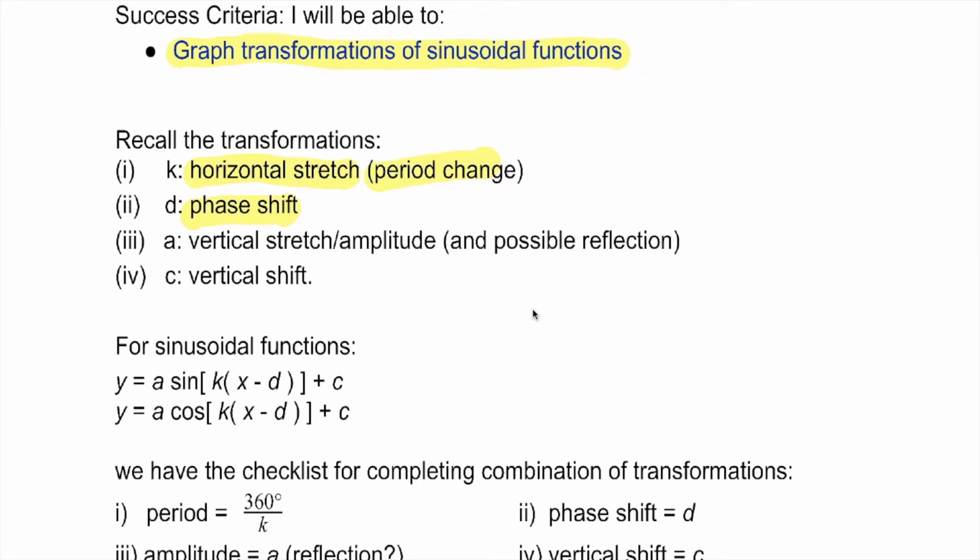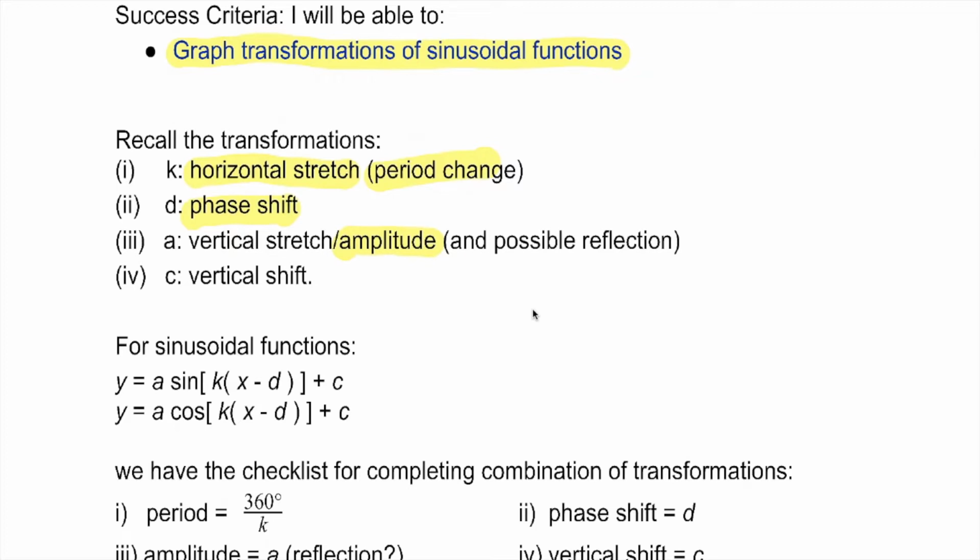And then the A value, in generic functions, does a vertical stretch or compression. But when it comes to sinusoidal functions, the A value is also the amplitude of the function. And we also need to look at whether there's a possible reflection in the x-axis. Finally, we have the C value.